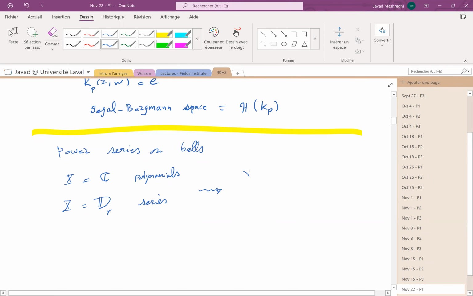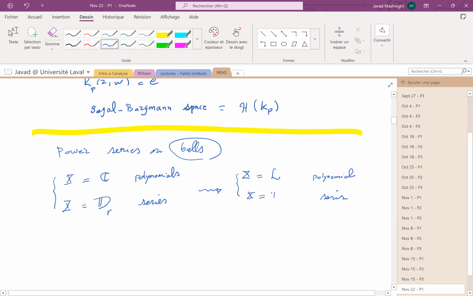In this general setting, I consider X to be a Hilbert space L. And it works again for the polynomial case. And sometimes when we go further and consider series, it doesn't work on L. We have to consider something smaller, and that is why we talk about balls.